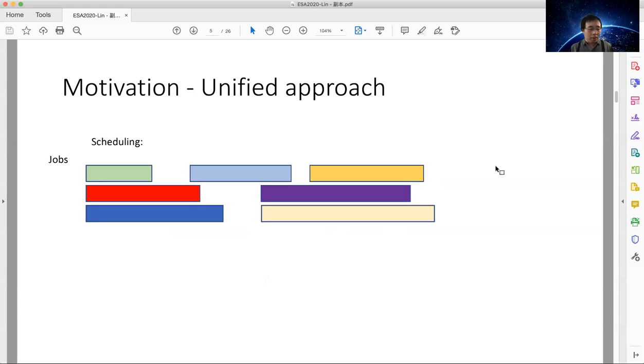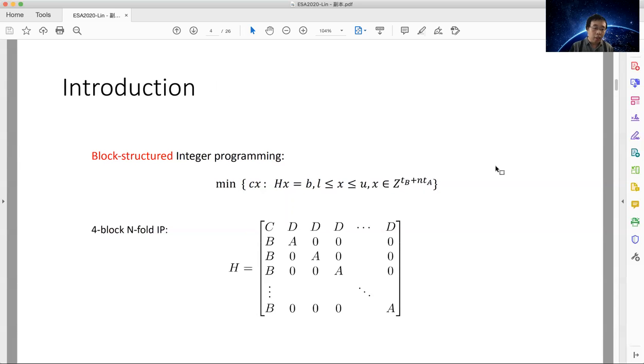So the first question, of course, is, why are we interested in block-structured integer program in general? And in particular, why are we interested in this specific kind of block-structured integer program, which we call full block n-fold integer program?